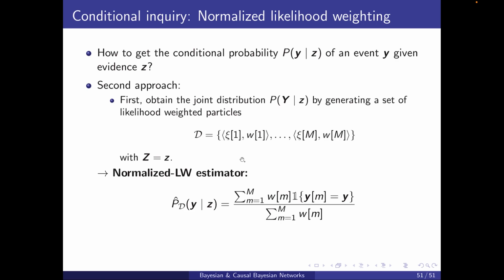So I have a number of particles here, and I should just see for each one whether they match or not the event of interest, small letter y. If they do, then I include the weight, and then I add all of them up. In the denominator, I will just have all of the weights, and then I'll do the division.